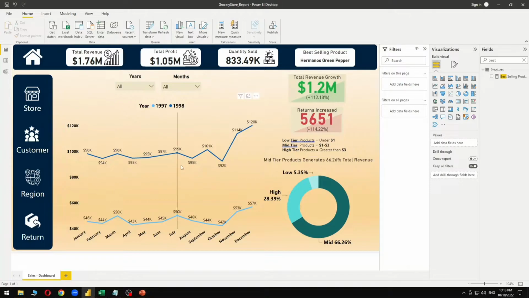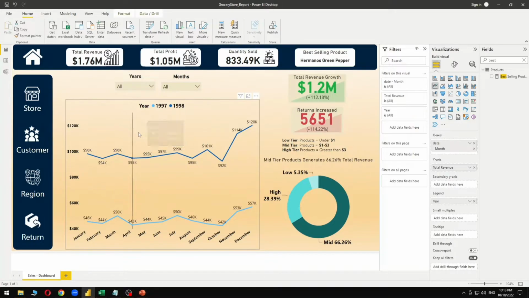Now coming on to the chart, we can easily see that this is the 1997 data and this is the 1998 data. We can clearly see that there's a jump of almost more than 100%, and we can also analyze that during January in both the years the sales were quite normal.